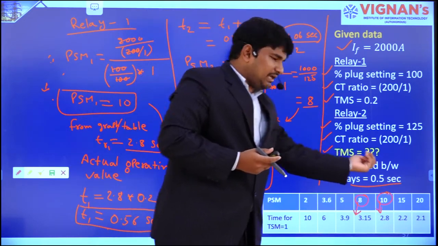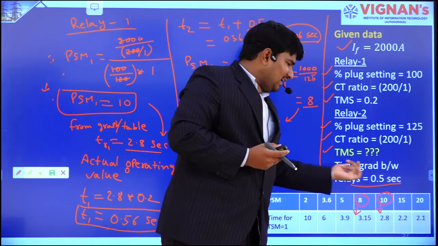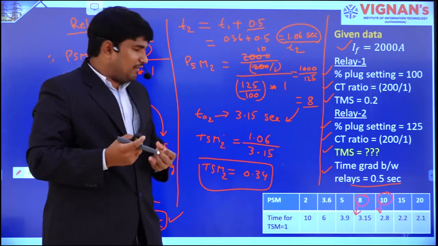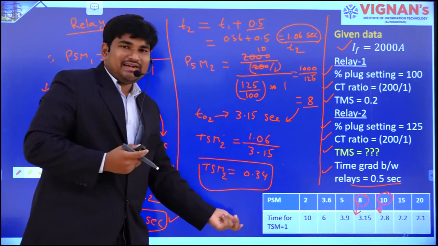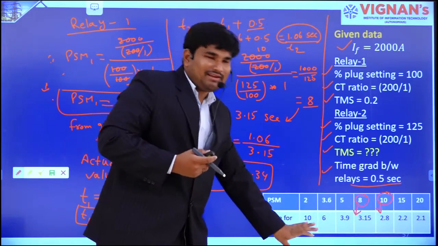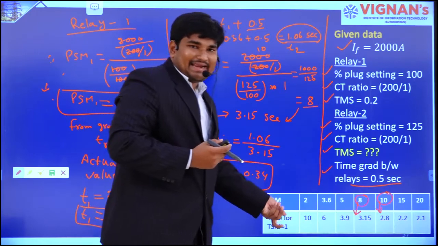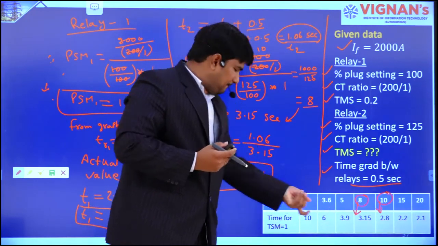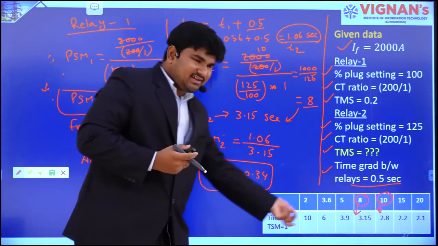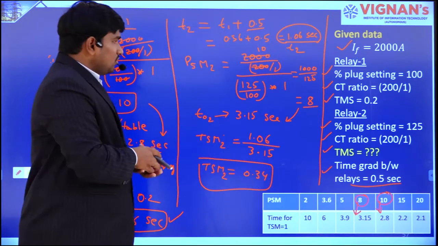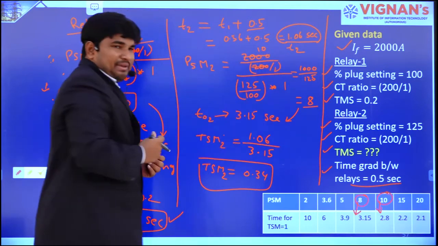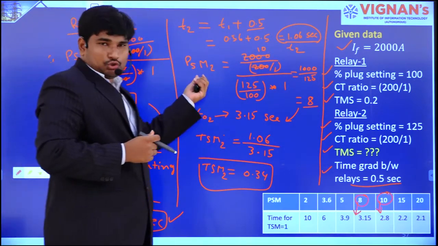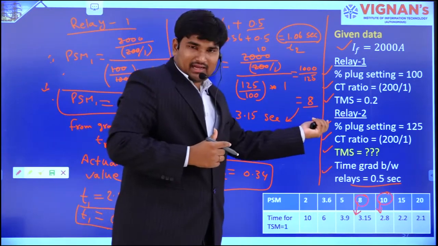So to calculate the TMS, I need to find one more value, that is the time for unity TMS. How will it be achieved? From the characteristics, if I know the PSM value, I can get the time. So that is why I calculated the PSM of relay 2. It comes to 8.